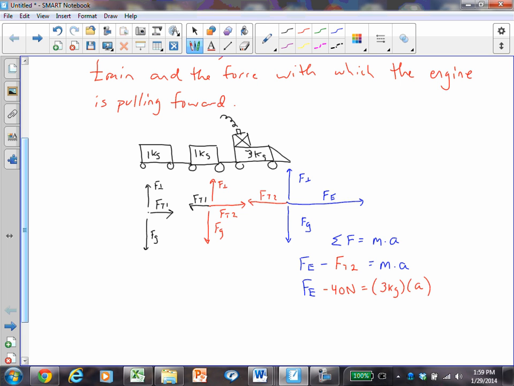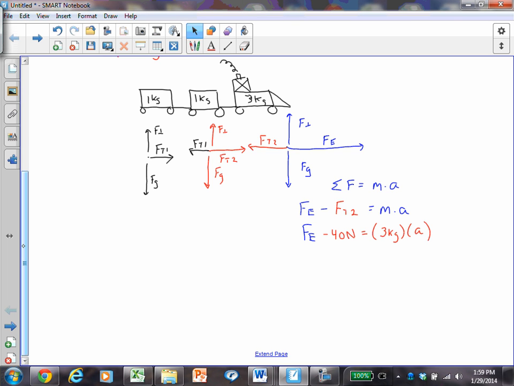Okay, so let's go over to this diagram here, this one. Again, the sum of the forces is mass times acceleration for this middle car. What's the winner and what's the loser?